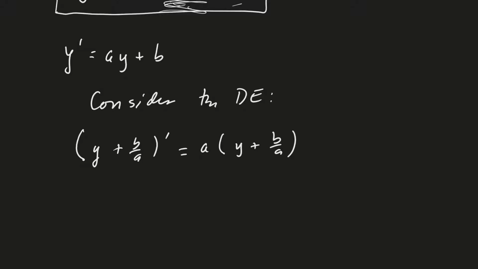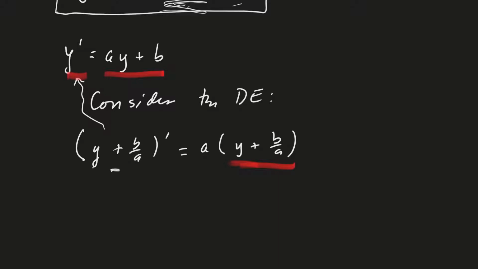Okay, so if you were to actually write this out, this is the derivative of y, which would be just y prime. So this side just becomes y prime. And then this side, if you multiplied it out, becomes ay plus b. So we have the original differential equation here.